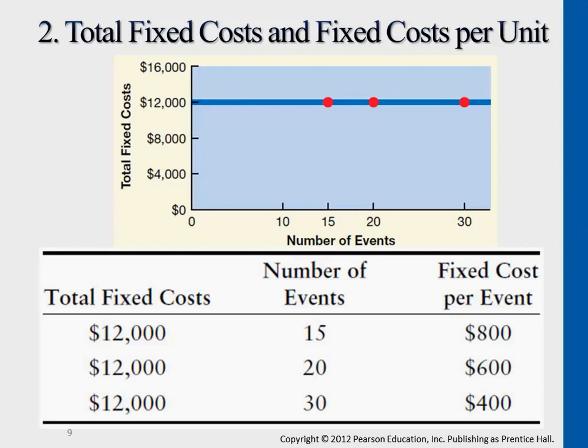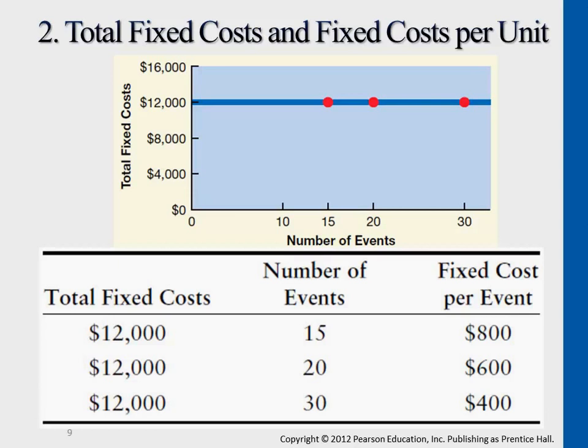Now, what is this? The cost per event, and why is it different? Because this is the part that we're trying to, remember, assign to different jobs, right? So this goes back to the assignment of costs, and since it's fixed cost, it's not really accumulated based on the number of events.